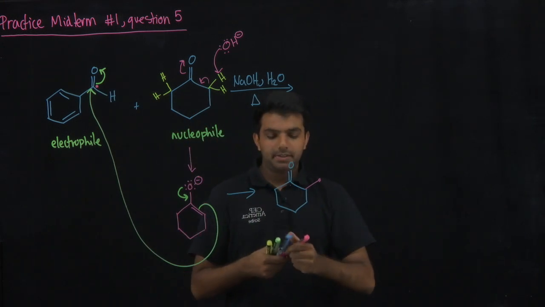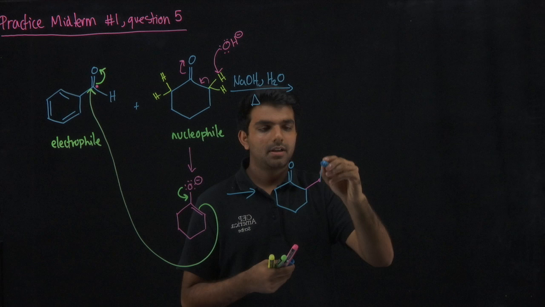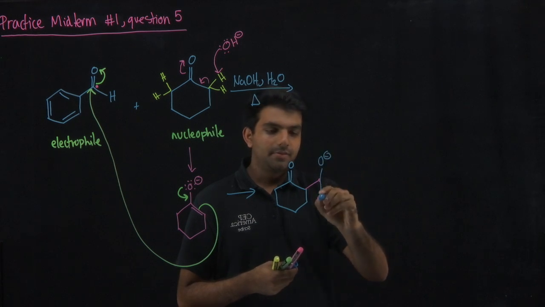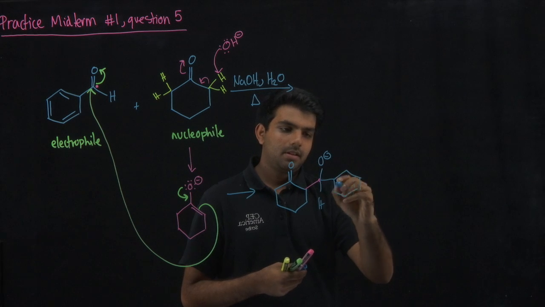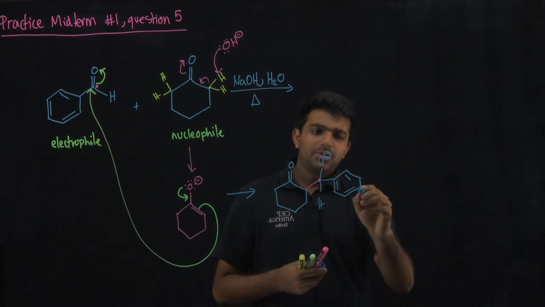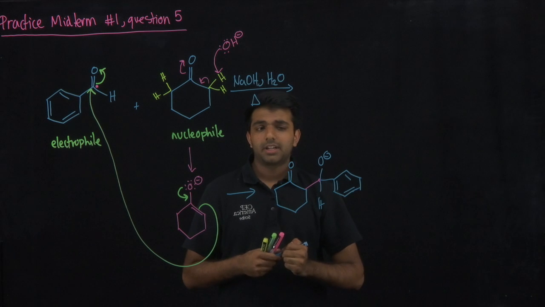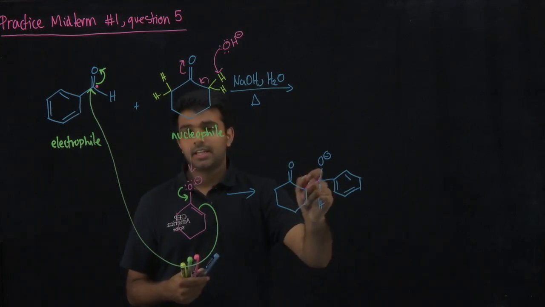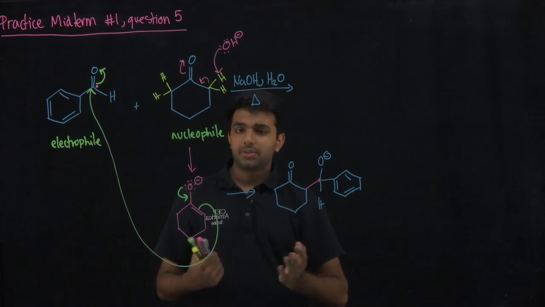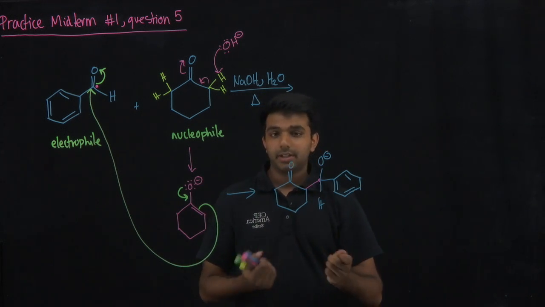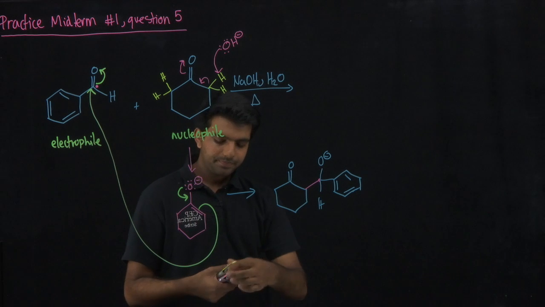That carbonyl carbon is attached to an O-, a hydrogen, as well as a benzene ring. If you get confused about which substituents are where, I highly recommend either using a dot to indicate which one is the carbonyl carbon of the electrophile, or numbering out the carbons on the electrophile to make sure that you're getting all the substituents in there.